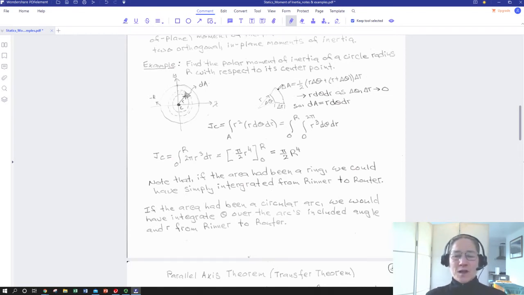So here's a close-up of our area unit, and I started by defining it as an area with a little thickness, so we've got a delta r just to show it a little easier. So we've got a bit of radius, a delta r, and then we've subtended a delta theta angle.